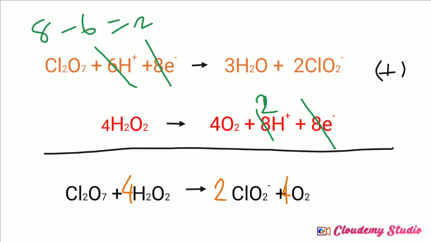Then what else left out? 3 moles of water we need to write on the right hand side. Then what else left out? Here this hydrogen ion, 2 moles are present, so that also we need to add on the right hand side, 2 moles of hydrogen ion.